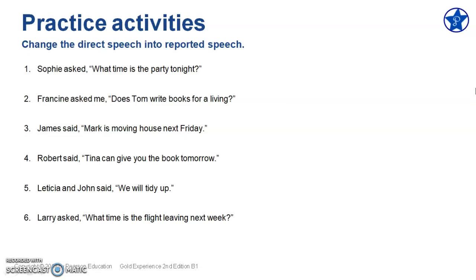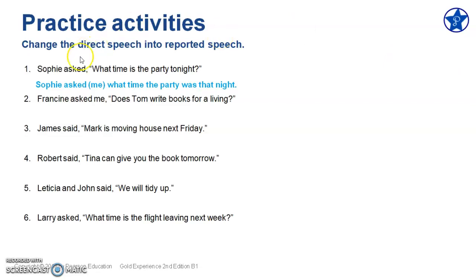We keep the WH question word. The party now is, that's present simple, changes into past simple, so was tonight, that night. Sophie asked me what time the party was that night.